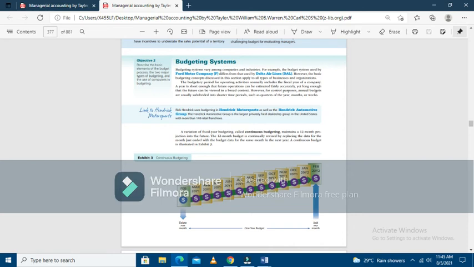So kung tingnan mo, for example, this, okay, February 20Y1, so March, April, May, June, July, August, September, October, November, December. So ilang months yun? 3, 4, 5, 6, 7, 8, 9, 10, 11, 12. From February 20Y1 to January 20Y2, that is a 12-month period or 1 year.